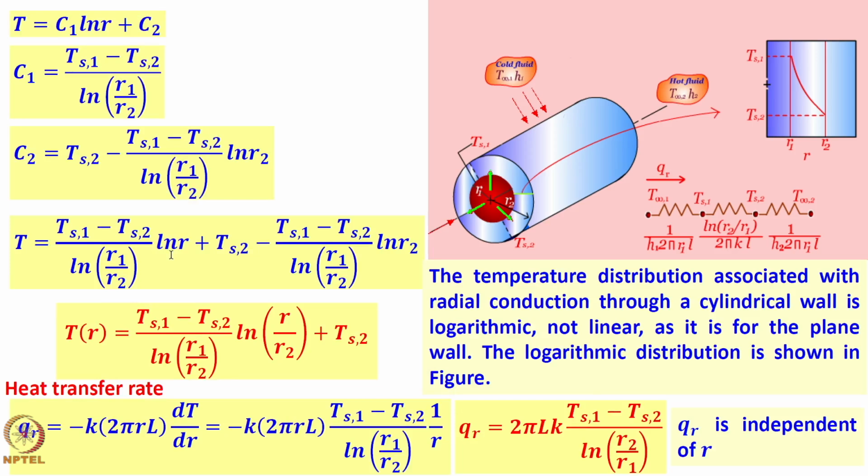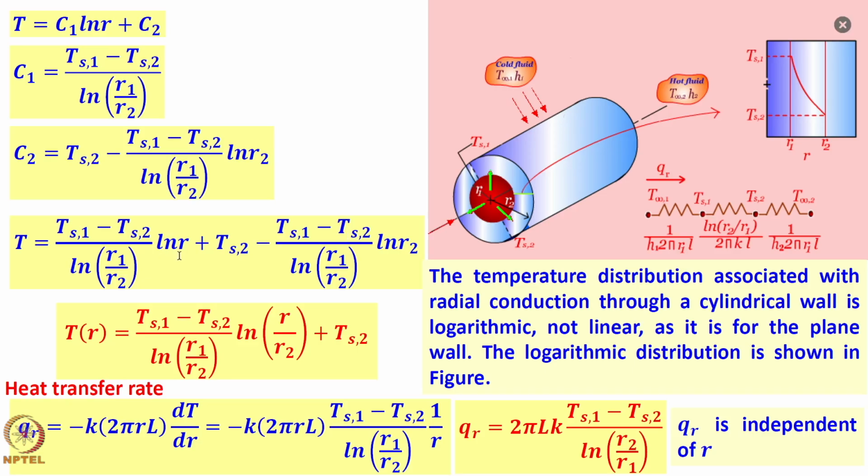This is the solution. The solution was C1 log R plus C2, right here on top. C1 is being substituted, C2 is being substituted. Ts1, Ts2, log R1 by R2 is a constant, so this is a number. Ts2 is a constant, a number. This whole thing is a constant, because all are Ts1, Ts2, R1, R2.